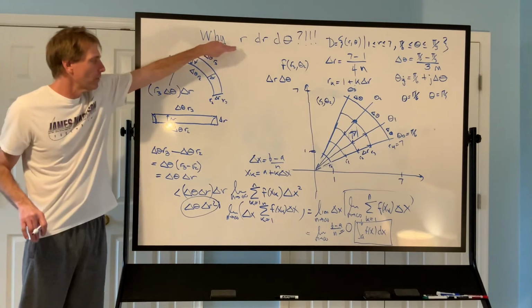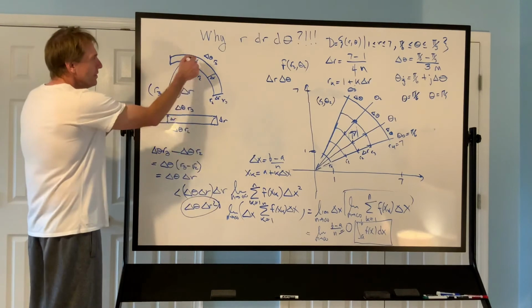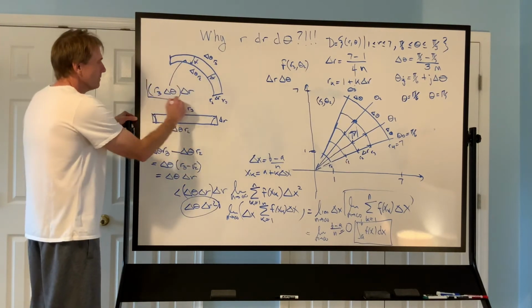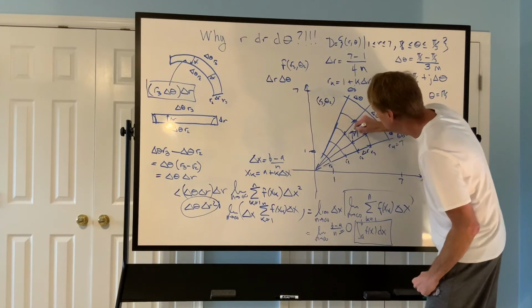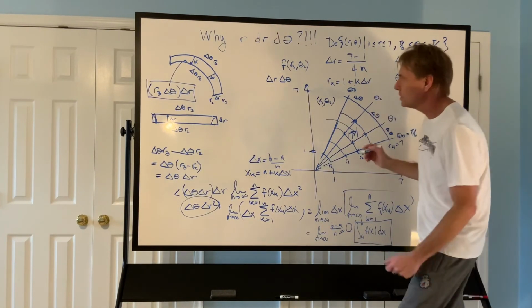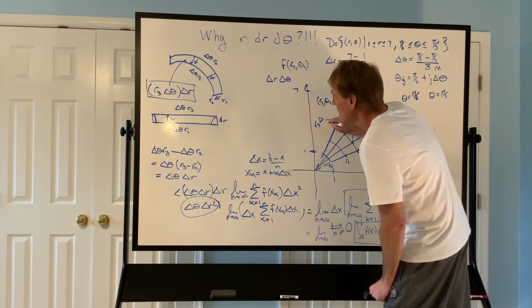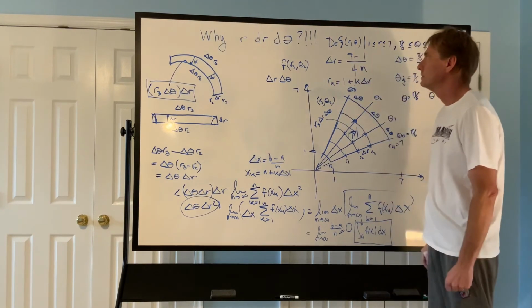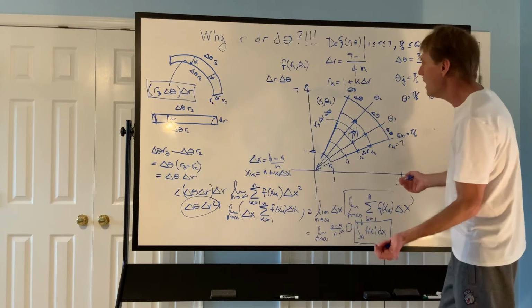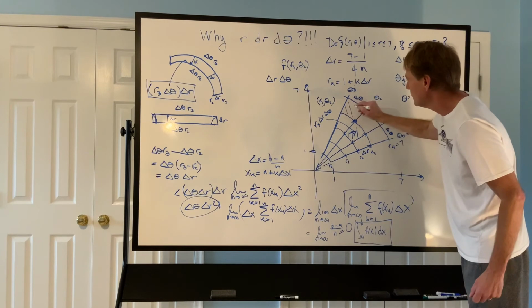Again, I'm not sure we're completely there yet, but let's look at what we have. This is our approximation to the area. So the approximation to the area that we're going to use for this piece, we can just make it r_3, and now I'm just going to switch it around, delta r delta theta. Now let's imagine that we're talking about this piece.